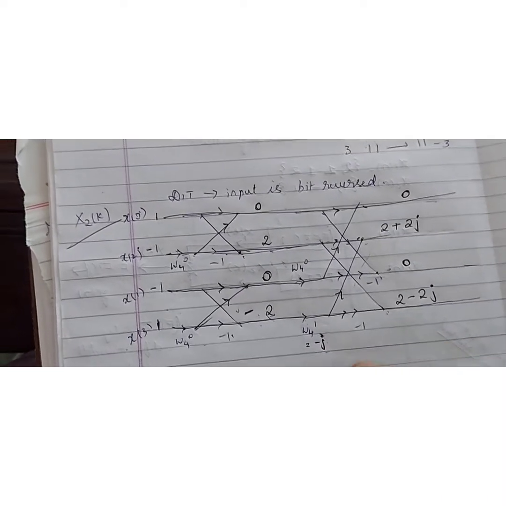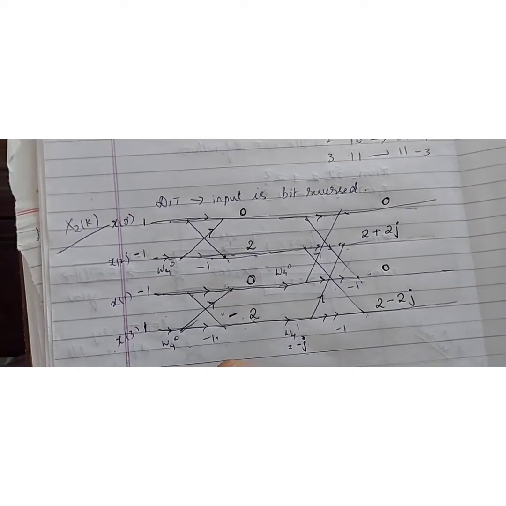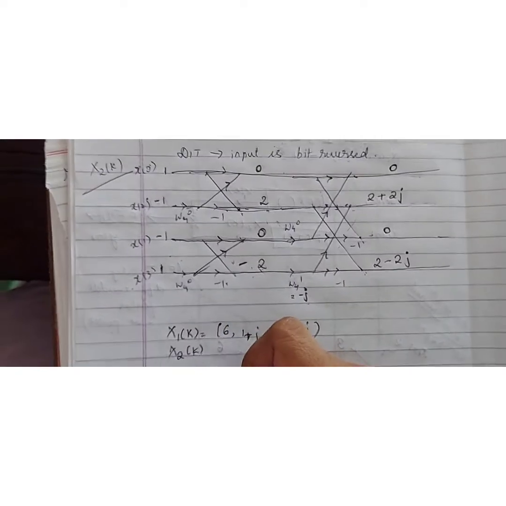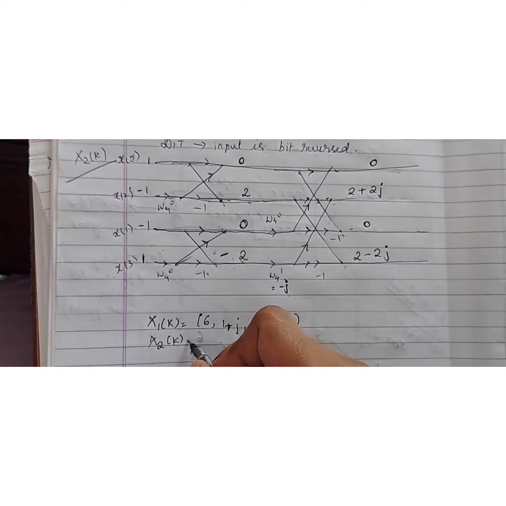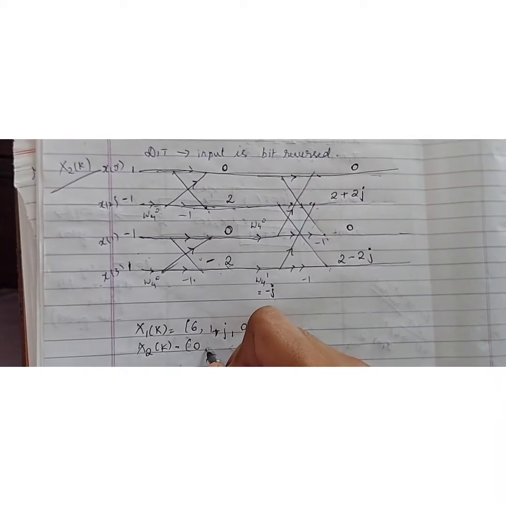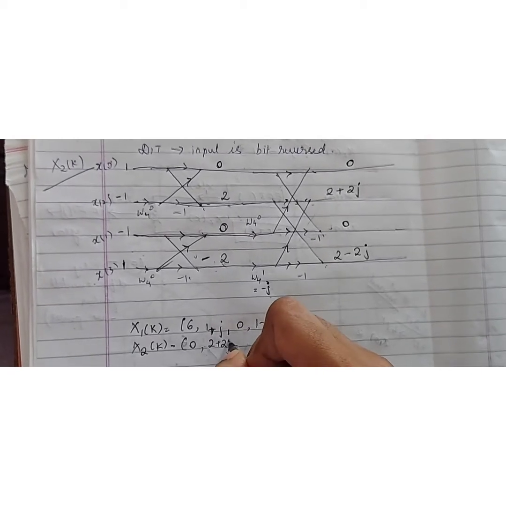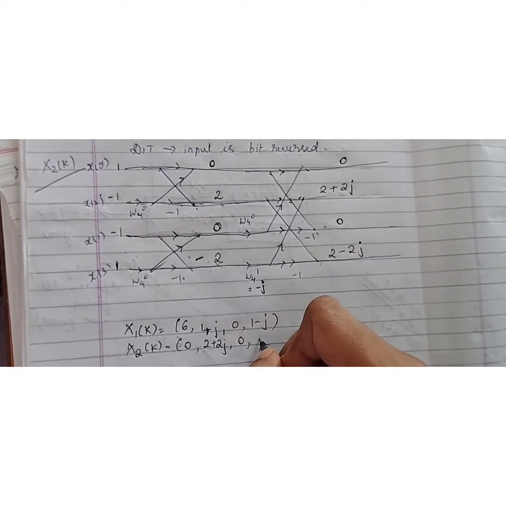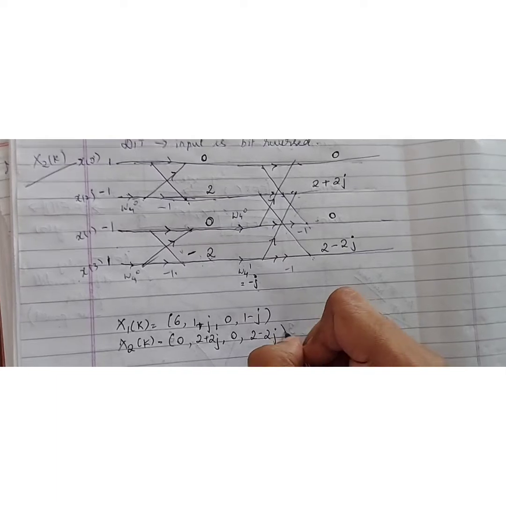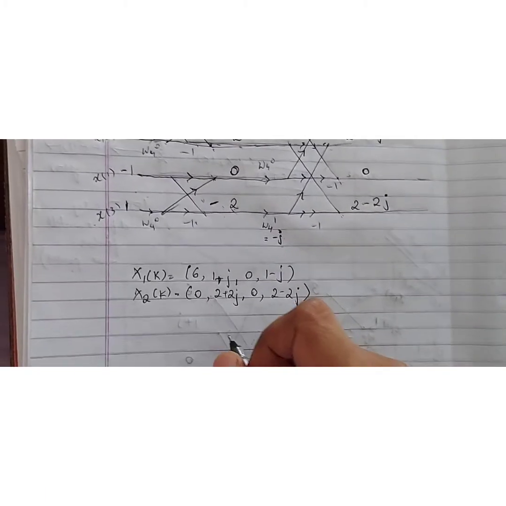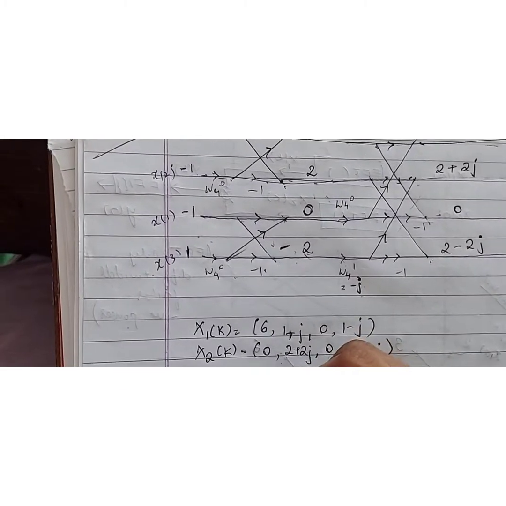Okay, into x2 of k you got now, sorry, 0, 2 plus 2j, 0, 2 minus 2j. Okay, now multiply both.